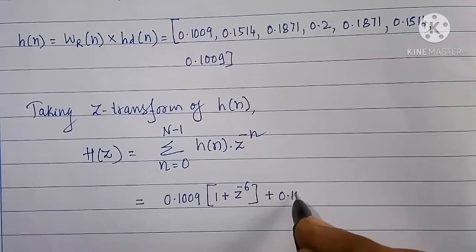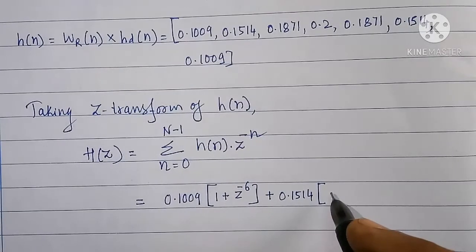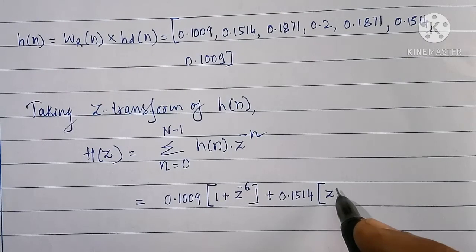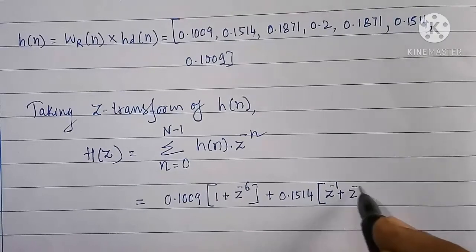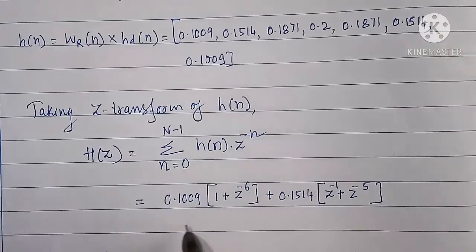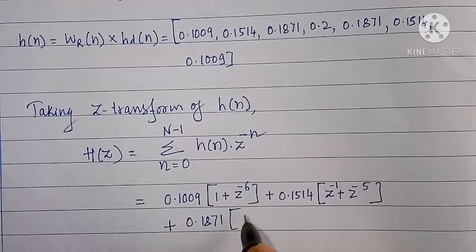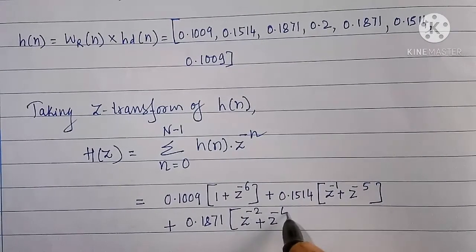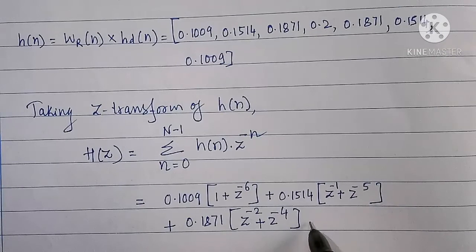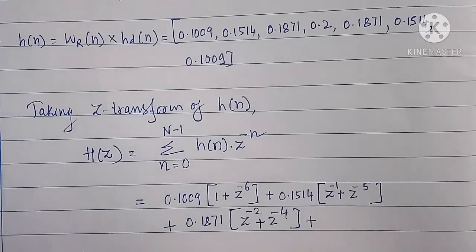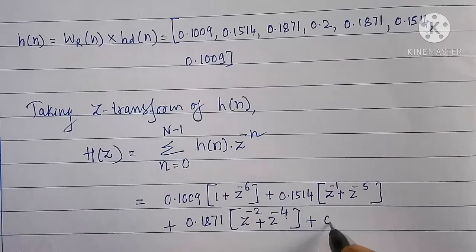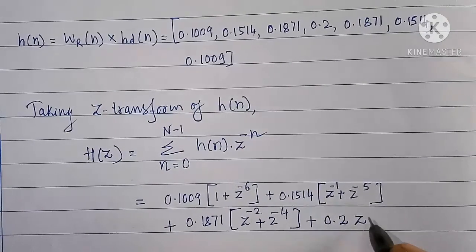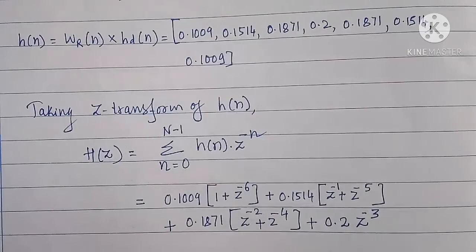plus 0.1514 into the bracket Z raised to minus 1 plus Z raised to minus 5, plus 0.1871 into Z raised to minus 2 plus Z raised to minus 4, plus 0.2 into Z raised to minus 3.